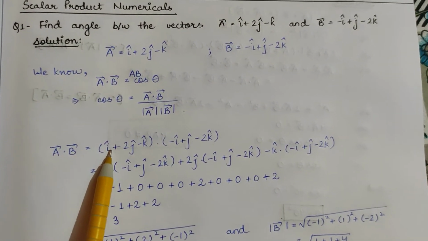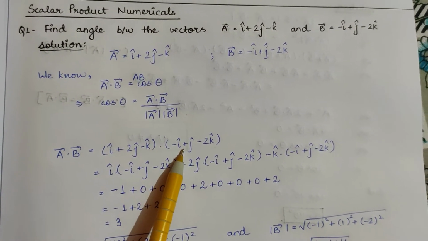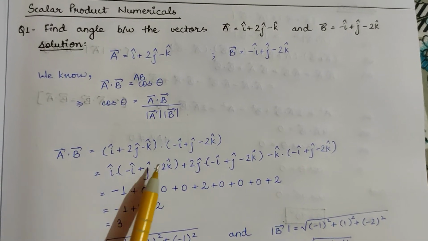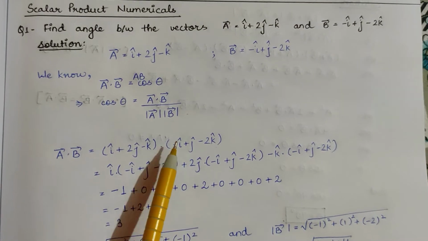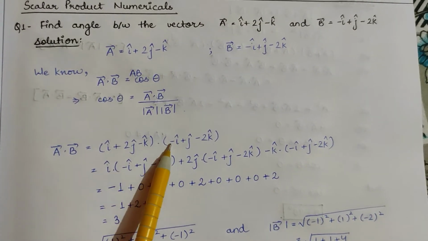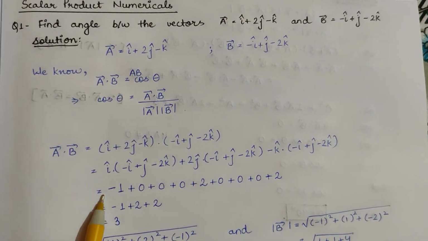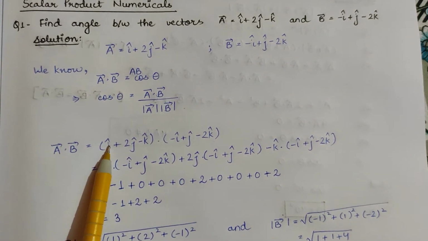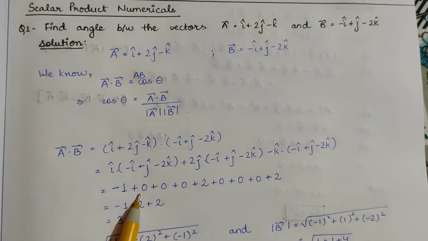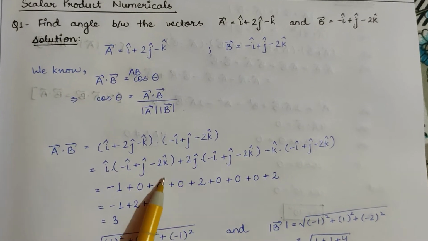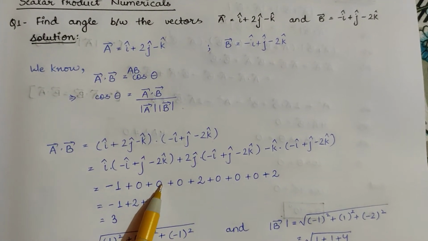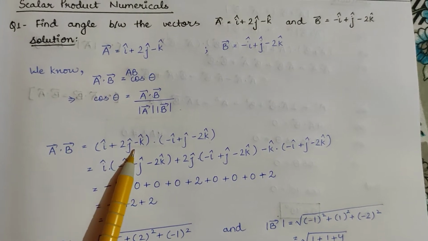I cap dot minus i cap gives 1, but with the negative sign, you will get minus 1. But i cap dot j cap gives 0, and i cap dot minus 2k cap also gives 0.